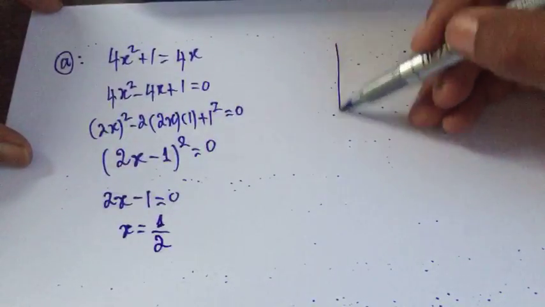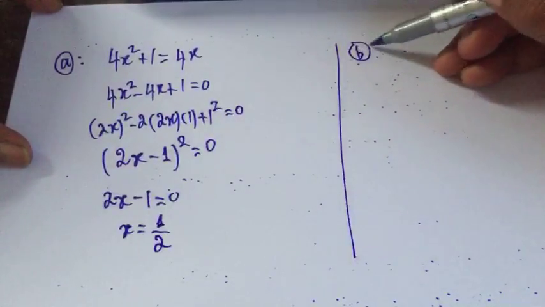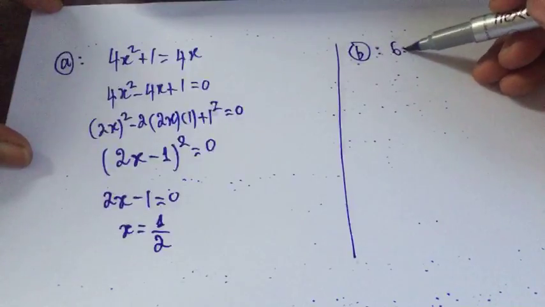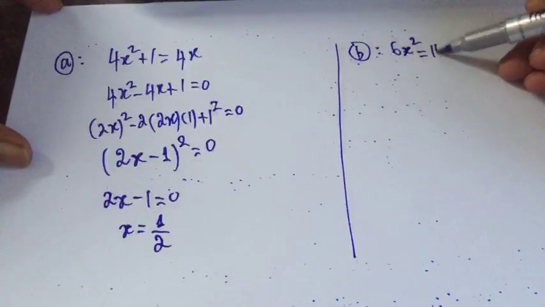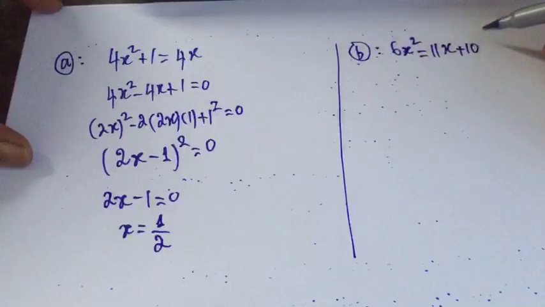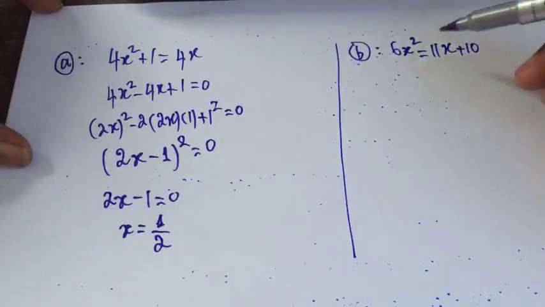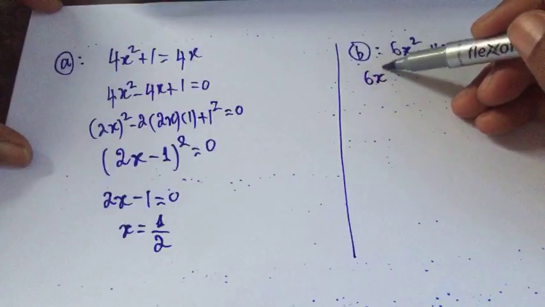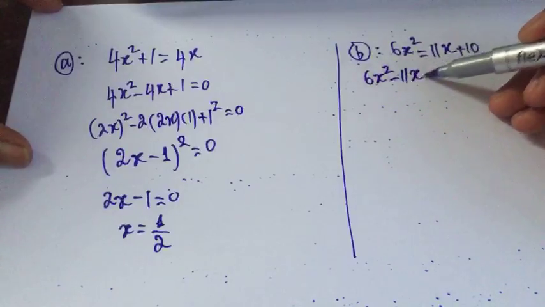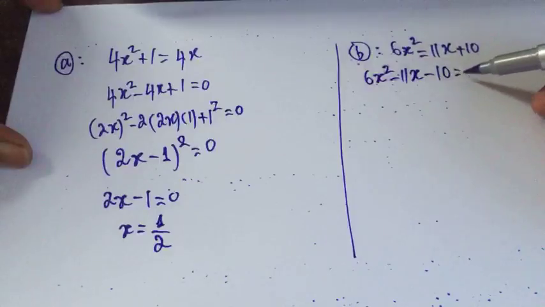One more, part b: 6x squared equals 11x plus 10. How can you factorize it? It is 6x squared minus 11x minus 10 equals 0.